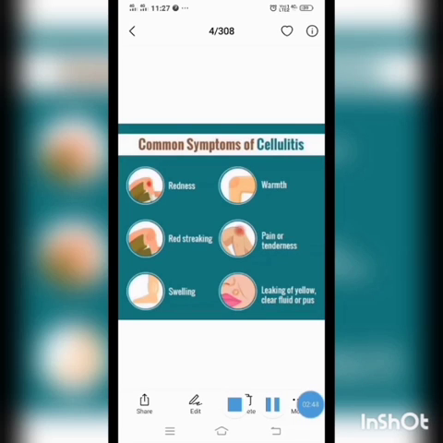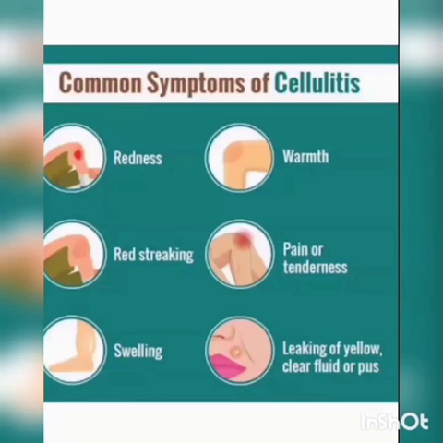Now we can move on to the symptoms of cellulitis. The person will have redness, red streaking in the skin, a red streak in the affected area.